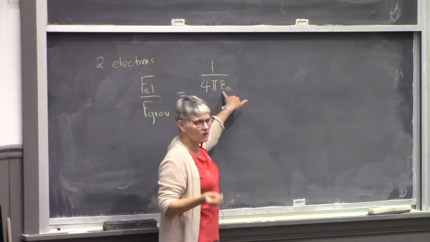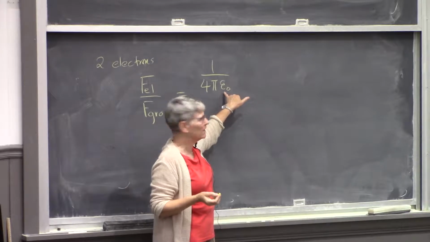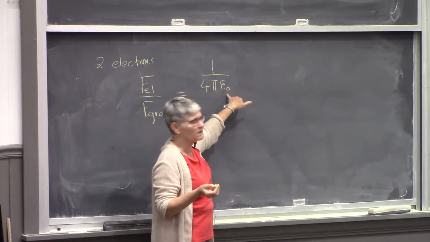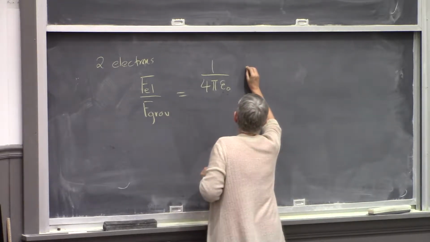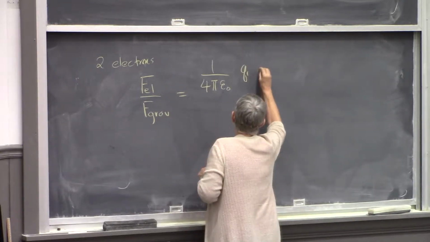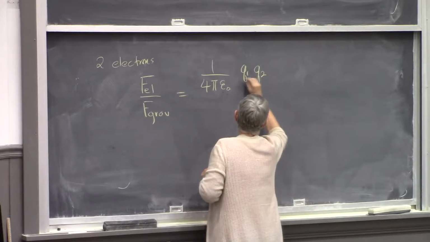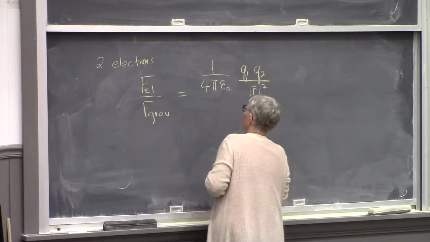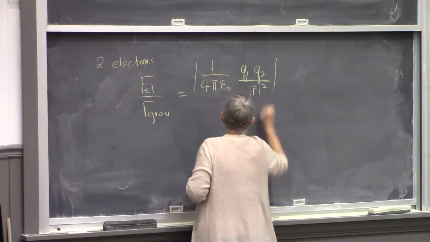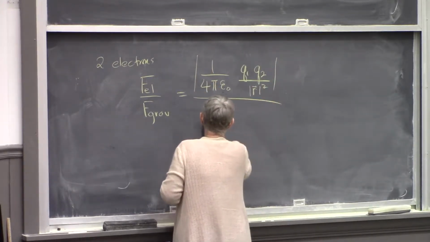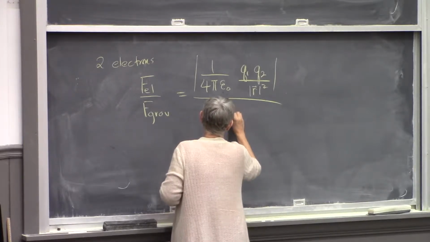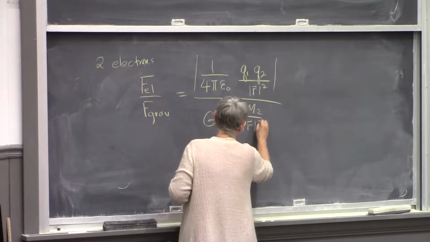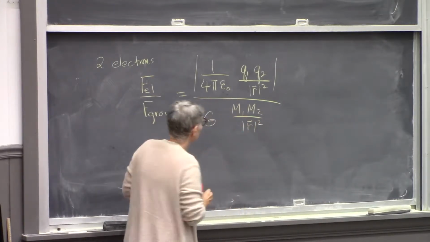This is the Greek lowercase epsilon, and then it has a subscript 0, which is why it's called epsilon 0, times q1 times q2 over the magnitude of r squared, absolute value of that, divided by G times m1 m2 over the magnitude of r squared.